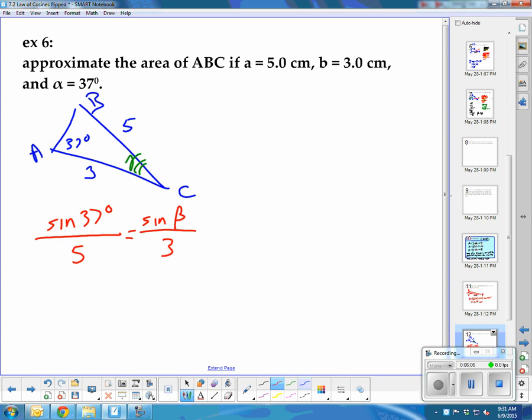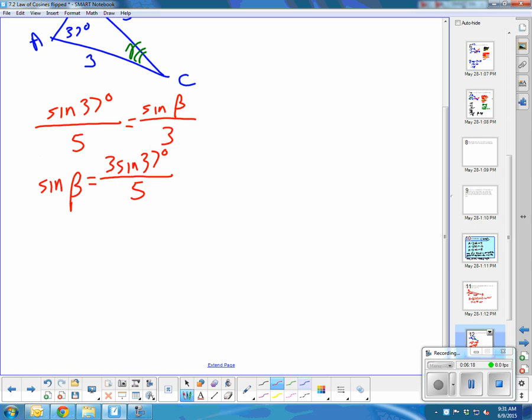So I'll do some work so that sine beta equals 3 sine 37 degrees over 5. I'm looking for an angle, so it seems to me that I'm going to have to use the inverse trig function. So the inverse sine of 3 sine 37 degrees over 5 will give me my beta.